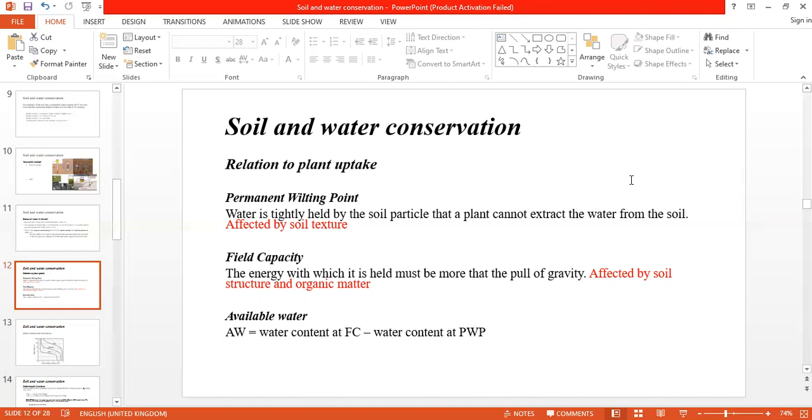Then it will reach a certain point where this water has become a lot, and as you add, that water will just start draining by gravity to lower depths.